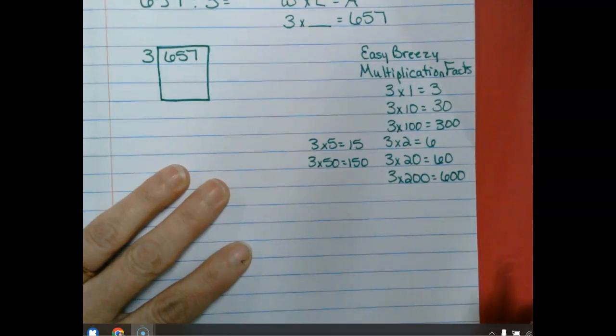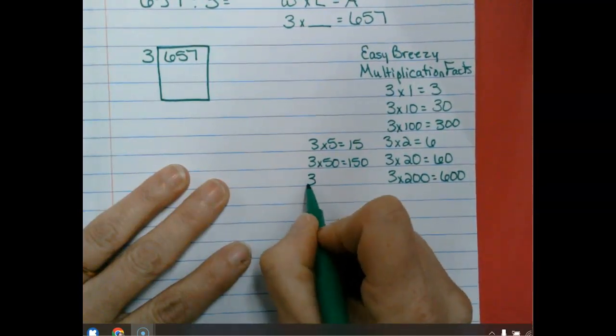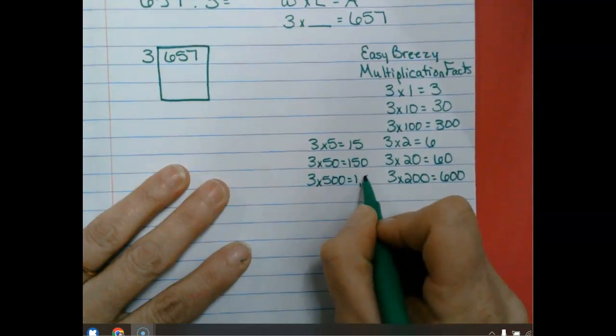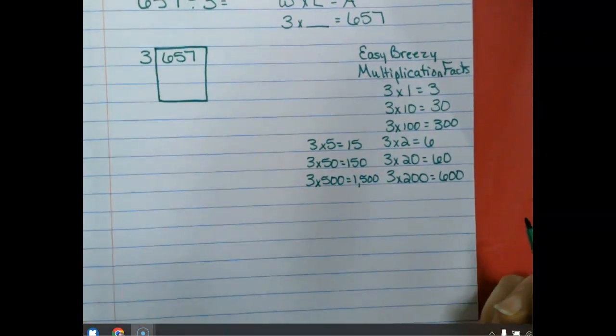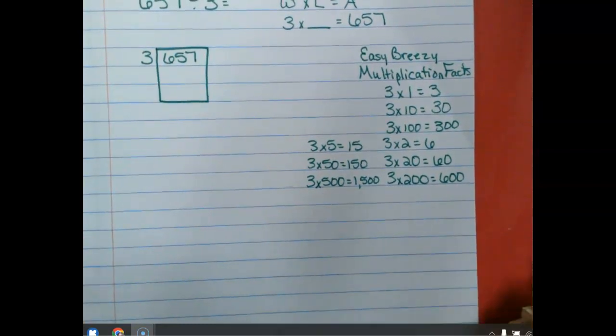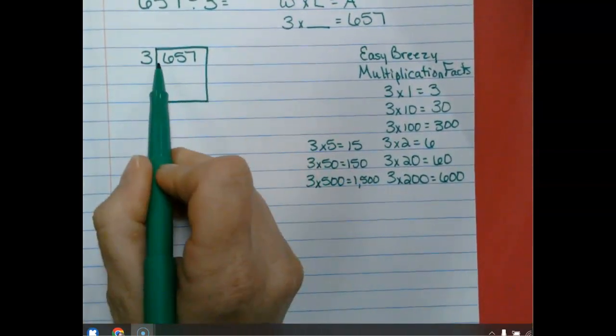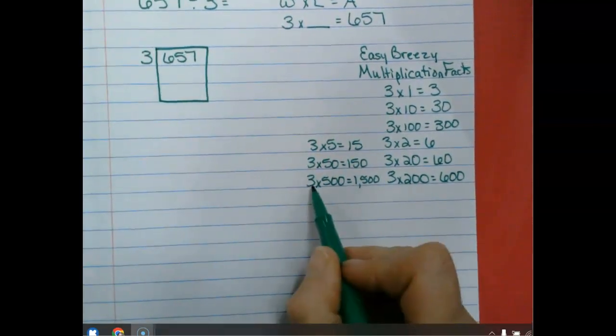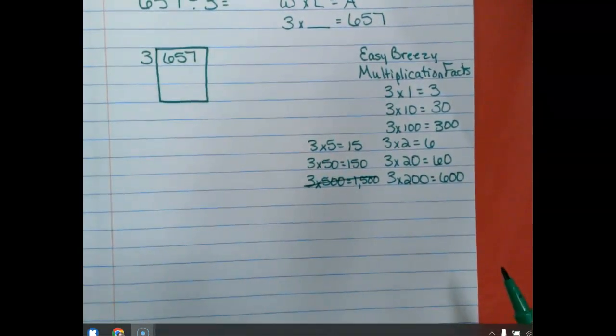All I'm doing is adding a 0. And I know that 3 times 500 is going to be 1,500. Okay, well, that one's probably much bigger than I need because my total dividend is 657. So I know that that one's probably bigger than I need.